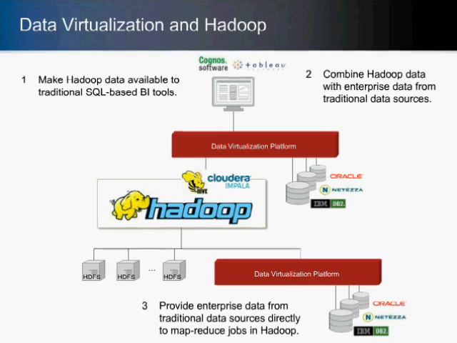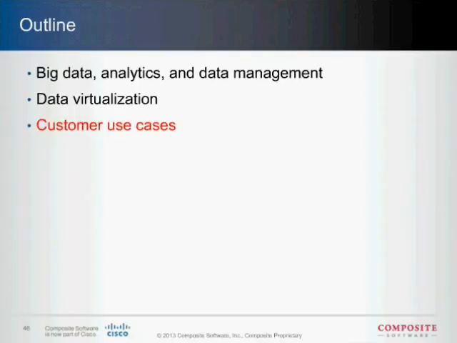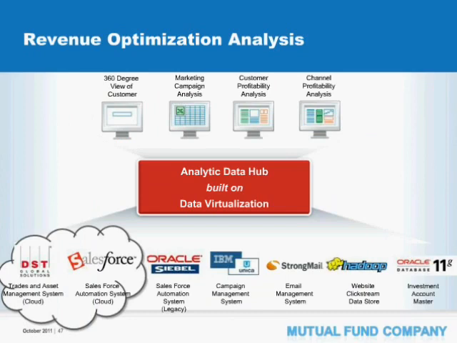So with that background, let's take a look at a couple of customer cases and talk about how a couple of customers have used data virtualization in conjunction with Hadoop to accomplish different use cases. This is a large mutual fund company that you would have heard of if I could use the name. What they created was an analytic data hub for doing marketing campaign analysis, essentially churn analysis and effectiveness of the campaign.